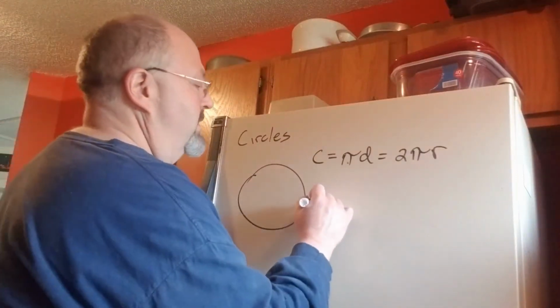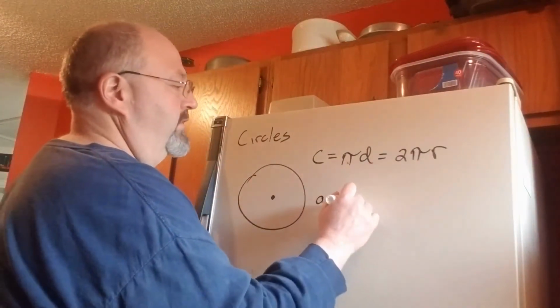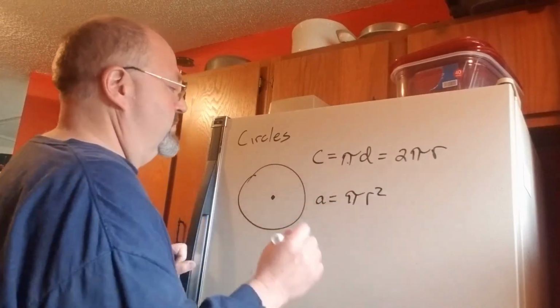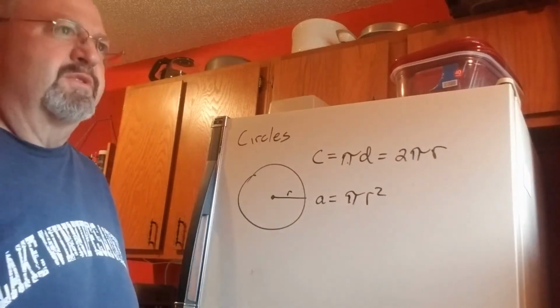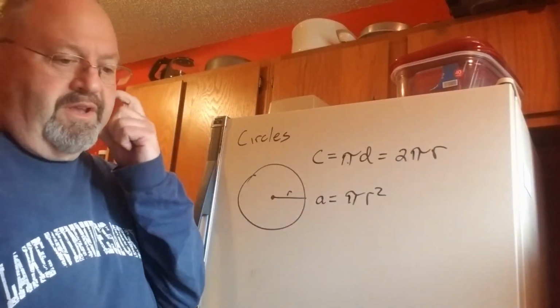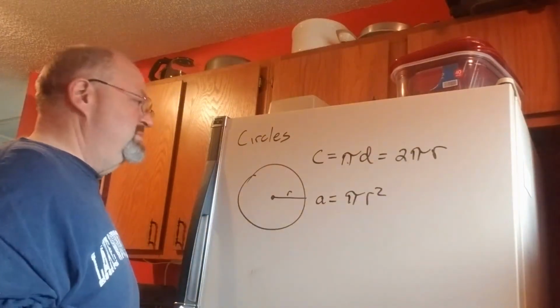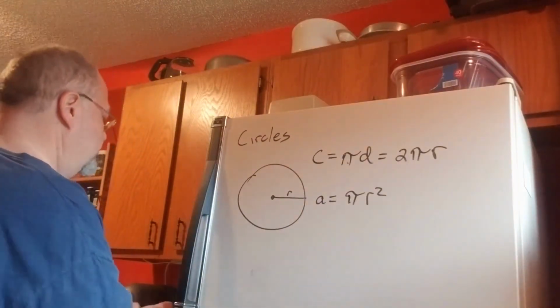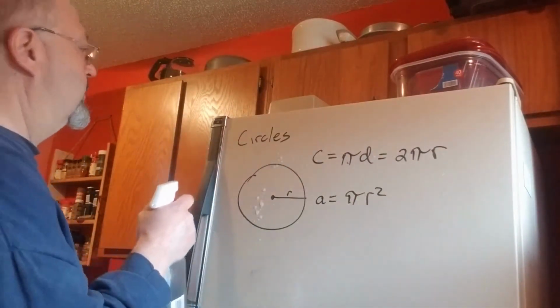And then area of a circle, you should all remember, it's just pi times the radius squared, where a radius is just the distance from the center out to the circle anywhere. It's half of the diameter. So nothing new there. Just wanted to make sure that you remembered how circles worked.